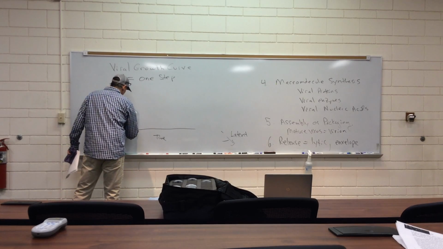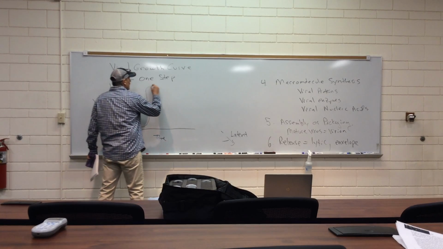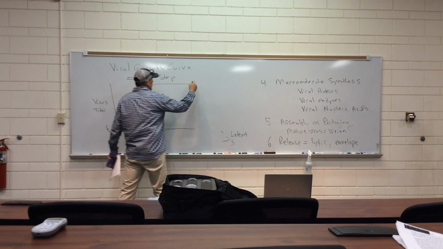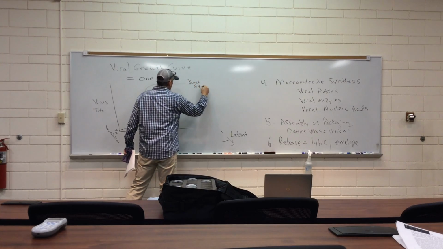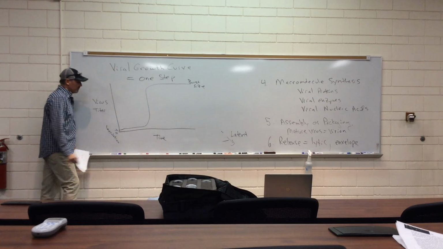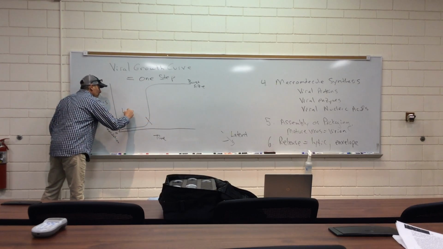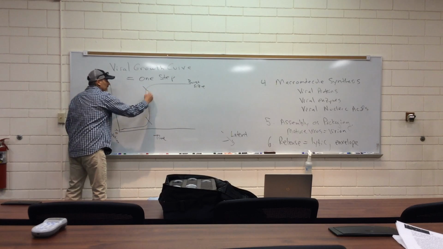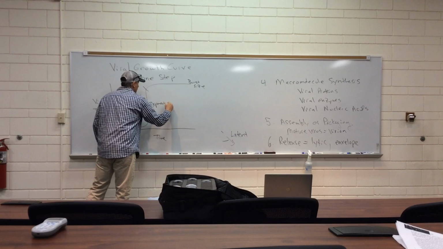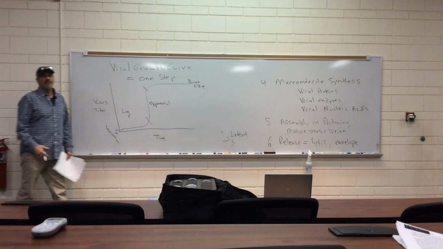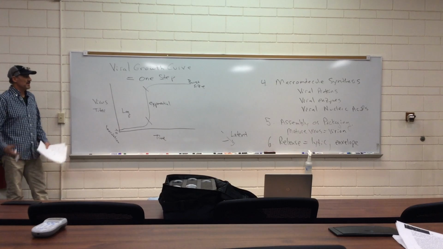In finding the host, it takes a while for it to infect. Then we get this really nice one-step growth curve. Same thing, we have a little bit bigger lag period, which we'll describe. We have this exponential phase, and then we basically have a maximum population, which we describe as burst size at the very end of the growth curve.